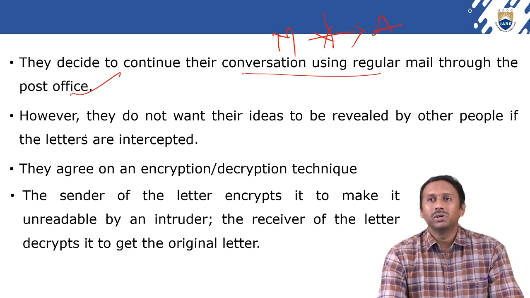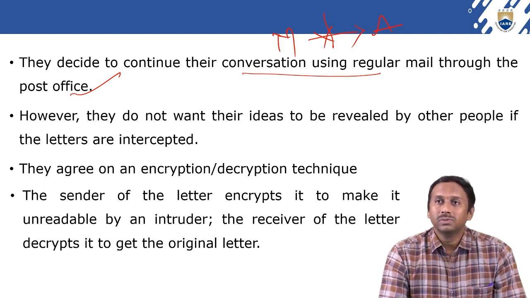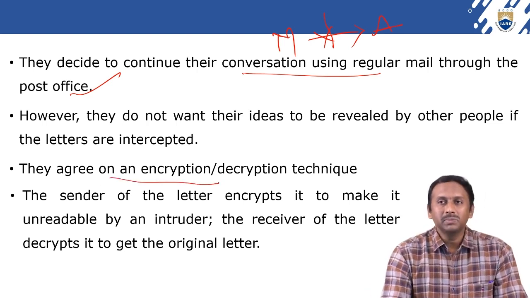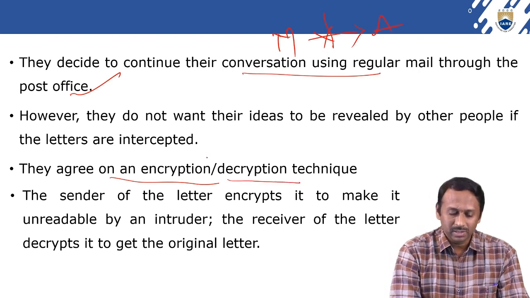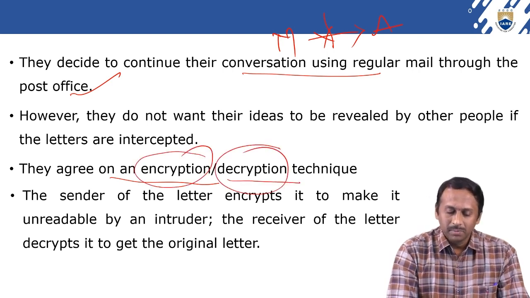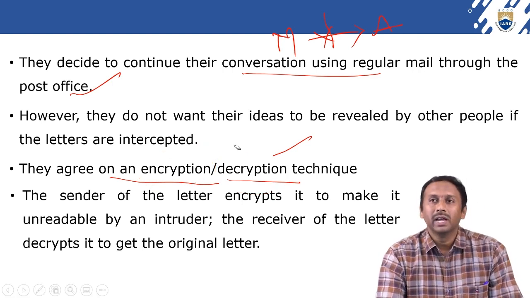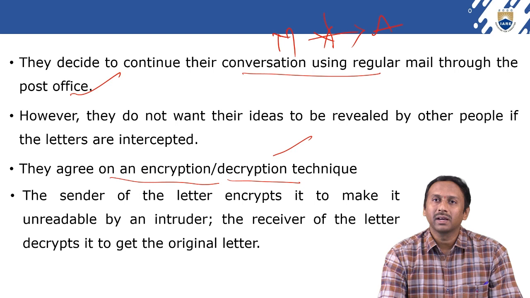However, they do not want their ideas to be revealed by other people if the letters are intercepted. So they agree on encryption and decryption. This is very important terminology, please remember encryption and decryption.